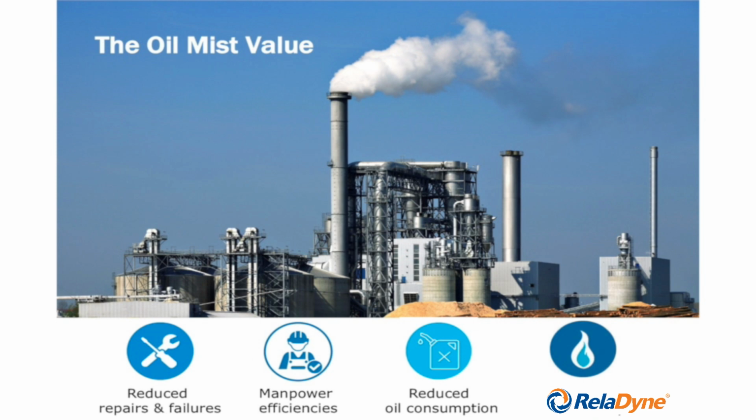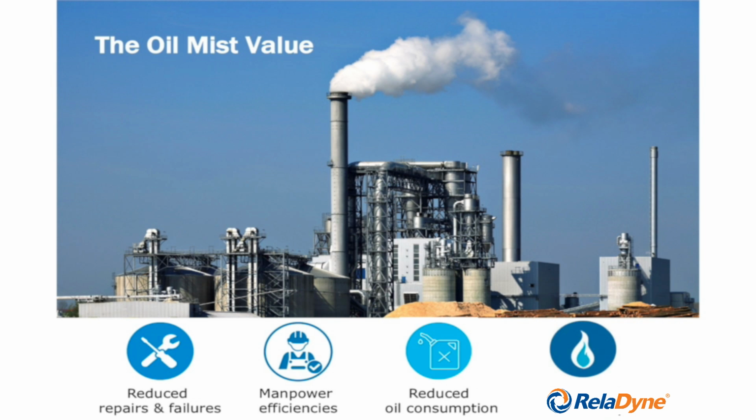We can summarize to some extent by speaking about the value of oil mist. We have alluded to reduced repair costs. Repair frequencies have been reduced. The efficiency of manpower is greatly increased. The manpower that we save by not doing conventional lubrication, that is manpower that we can apply elsewhere in our plant to do some important work.